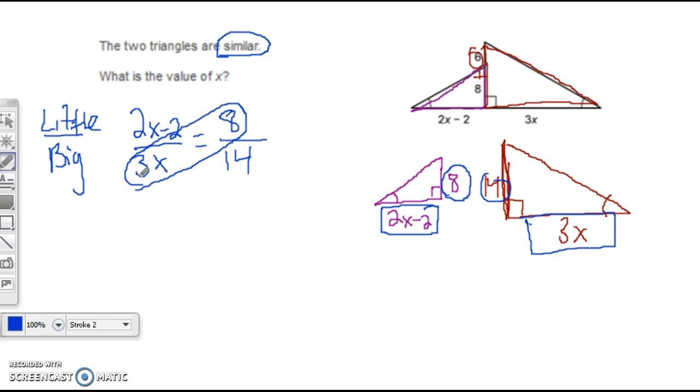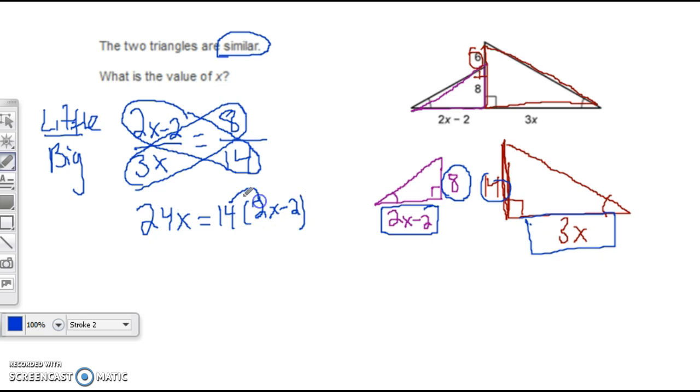3x times 8 is going to be 24x. And 2x minus 2 times 14. You got to multiply that 14 by both of those pieces. You got to distribute the 14 and make sure you get it to both of them. So that's going to be 28x minus 28.